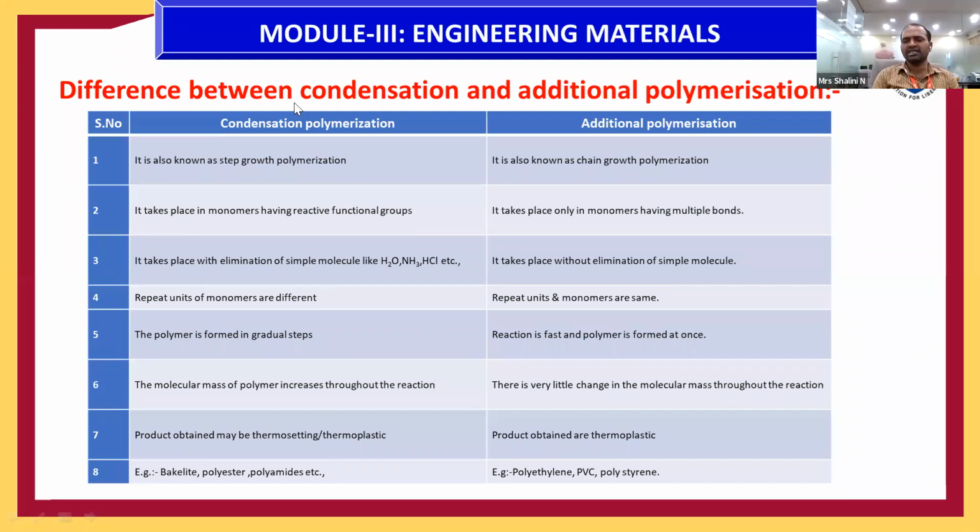What are thermoplastics? When we give temperature or heating, they easily soften, and after cooling they harden. But thermosetting plastics are not like that: in the molding process, once they become hard, we can't soften them. Such materials are called thermosettings. So this is about the difference between condensation and addition polymerization.